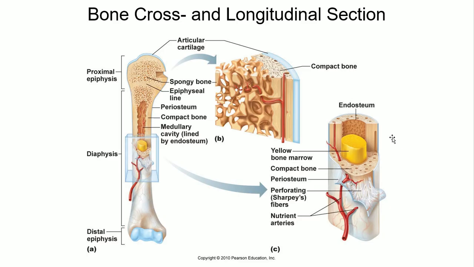And red marrow is left over a little bit in the skull, a little bit in the vertebra, ribs, sternum, and then parts of the pelvis. Actually, if any marrow needs to be extracted, doctors will usually go into the part of the pelvis in the back.